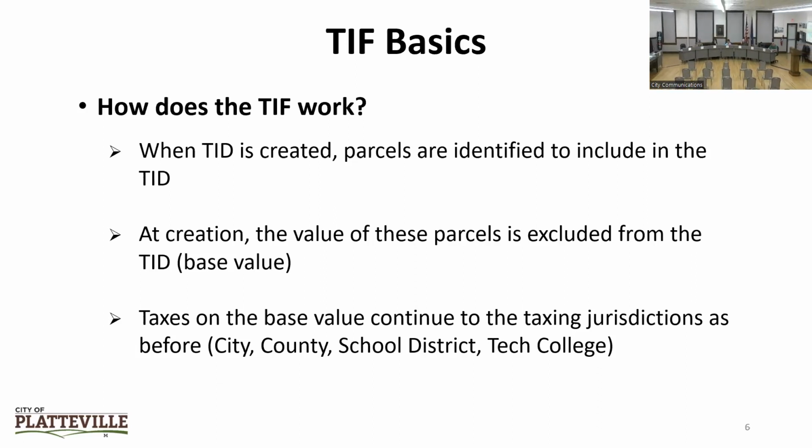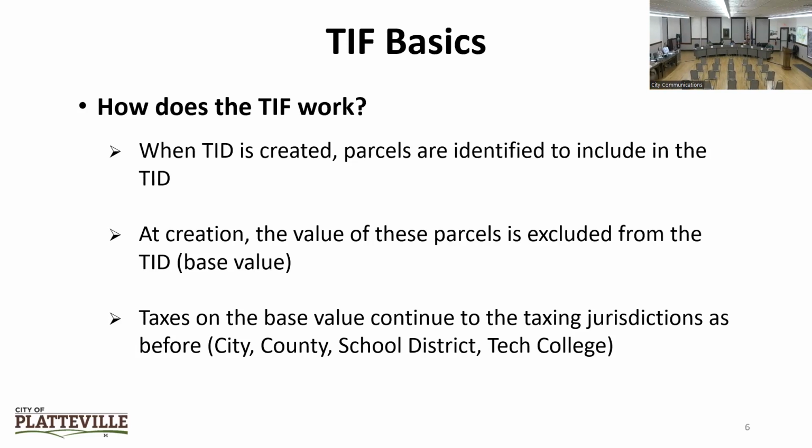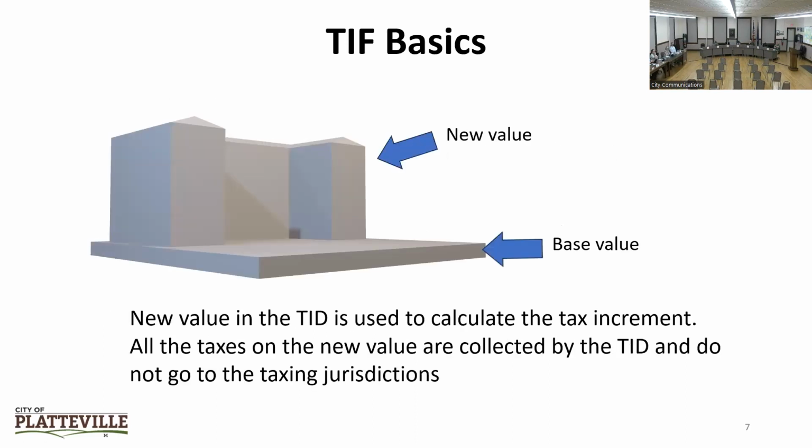It's only the new growth or value in the TID that creates the increment for the TIF district itself. Looking at the next slide, what I've tried to capture in this picture is that if the TID was empty when it started, maybe an empty field, that would be your base value. And that would remain with the taxes generated on that base value going to the taxing jurisdictions.